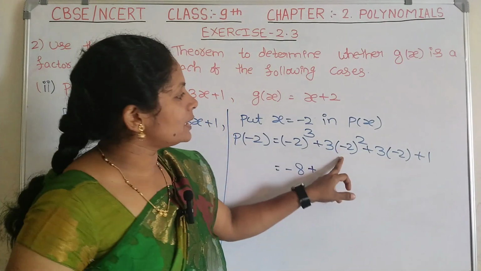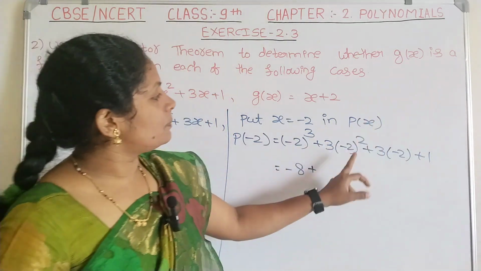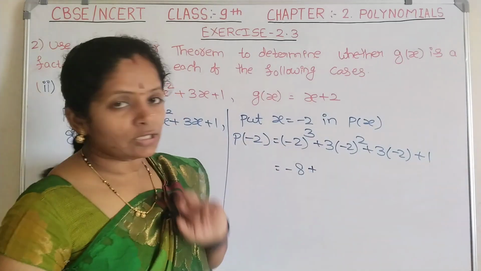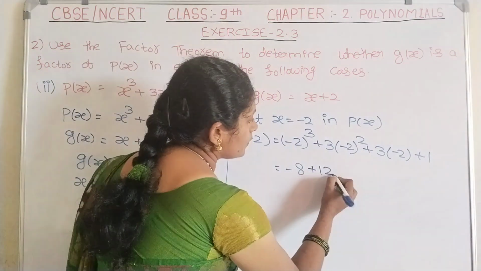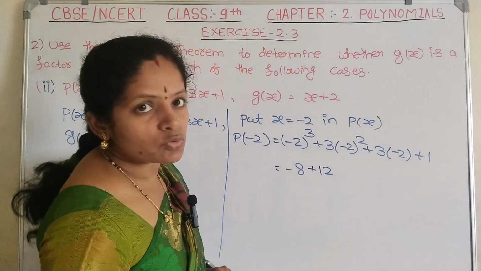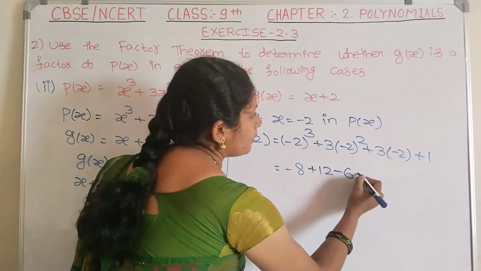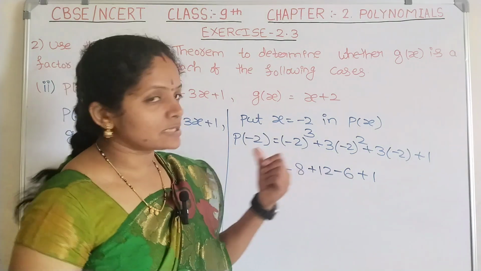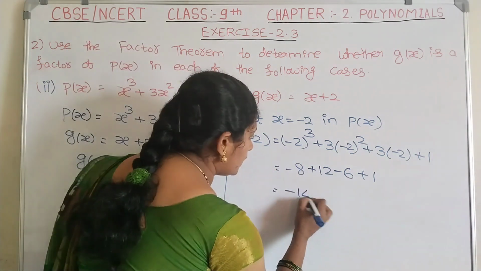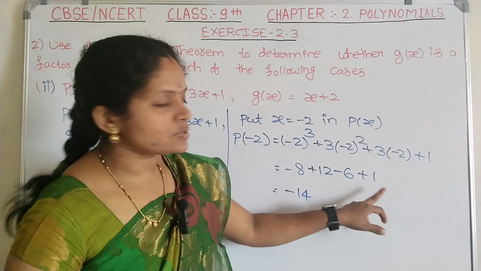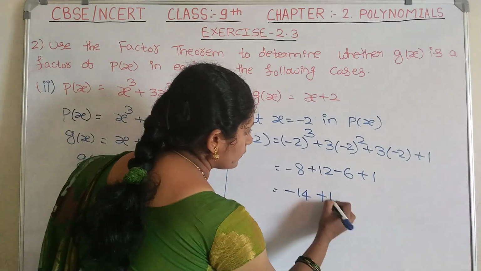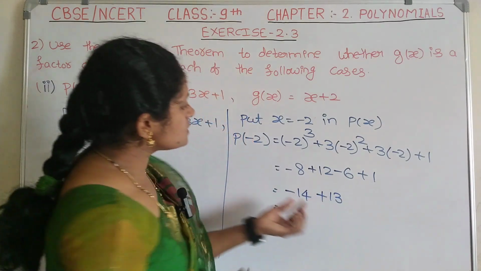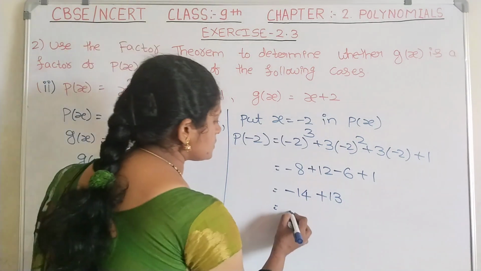Plus minus 2 whole square is plus 4. 4 3s are 12. 3 into minus 2 is minus 6 plus 1. Minus 8 minus 6 is minus 14. 12 plus 1 is 13. Minus 14 plus 13 is minus 1.